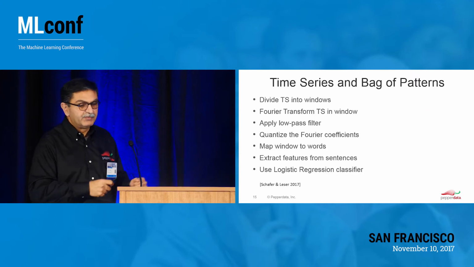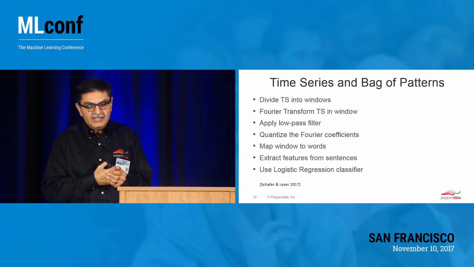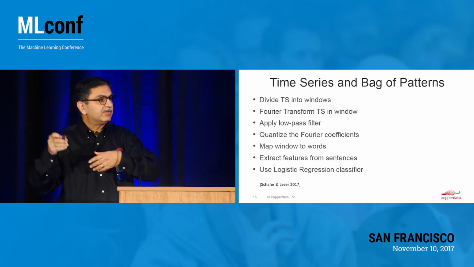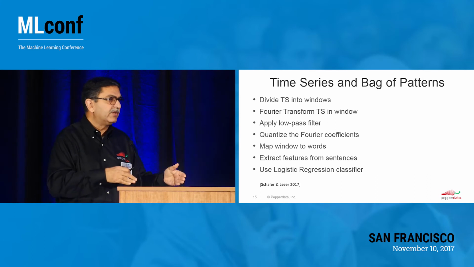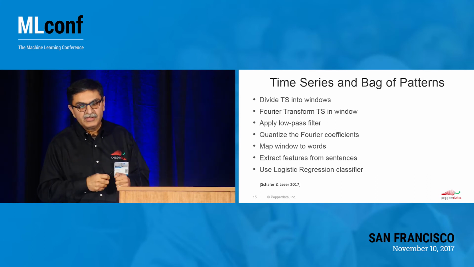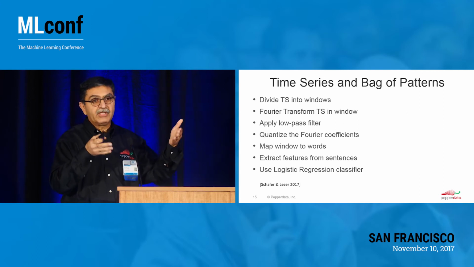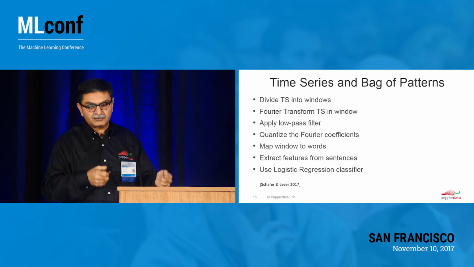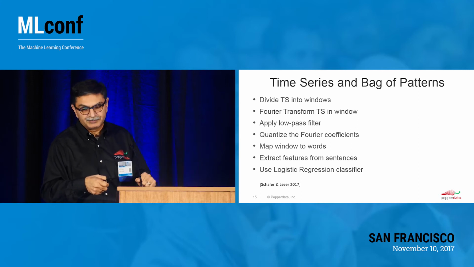So that's one approach. The second approach is also pretty clever. They divide the time series into a set of windows. There's lots of clever things about how you divide things into windows and whether the windows are static or dynamic. But they take a window, they generate the Fourier transform, which is nice because now you're in frequency space. They run a low pass filter through this thing.